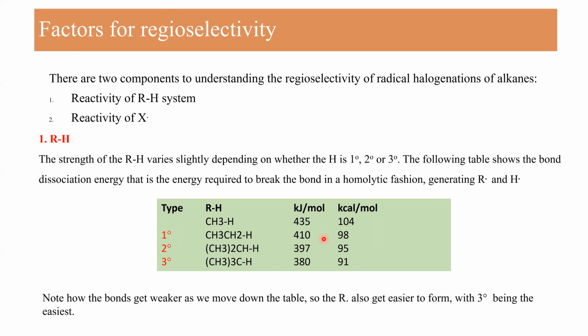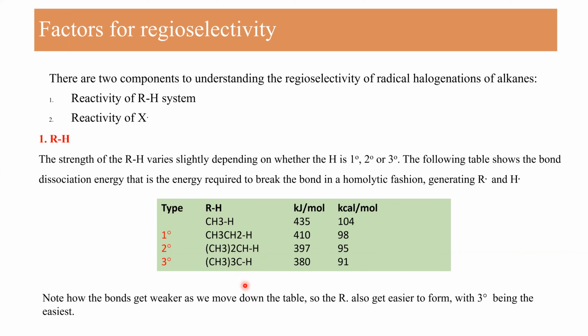So what we found here is that when we are moving from methane to the tertiary carbon alkanes, the bond dissociation energy of the carbon and hydrogen is reducing. It means that the bond is easier to break as compared to the secondary, then the primary, and the methane one.